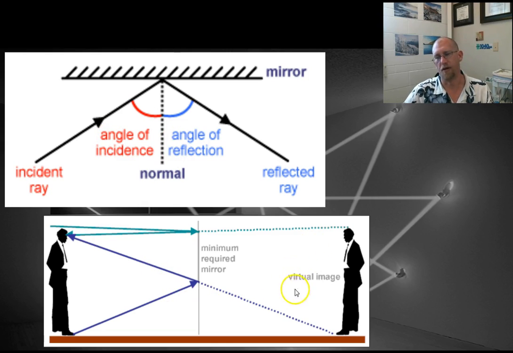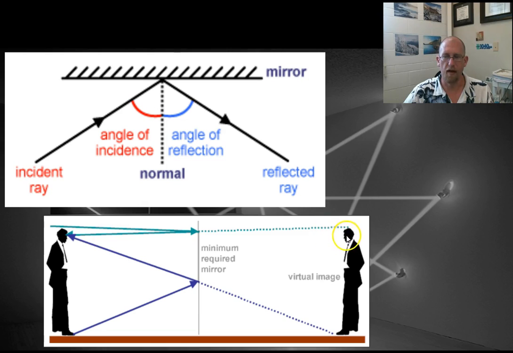Here's a little picture to help you think about a virtual image. You are looking at yourself in a mirror, right? And the light rays from your feet are coming up and hitting the mirror and bouncing off the mirror to strike your eye. But this ray coming off of the mirror and striking your eye, it looks to you as if that line keeps going backwards and that your feet are actually here. Kind of cool.